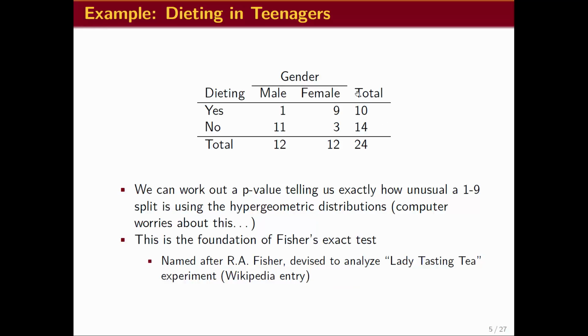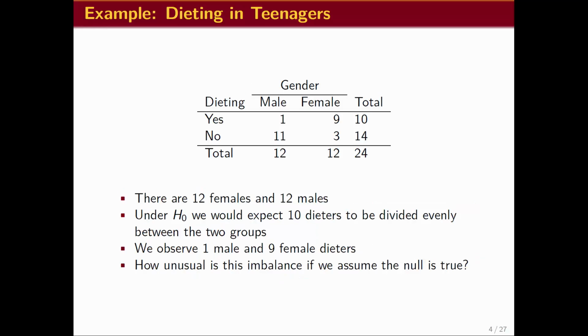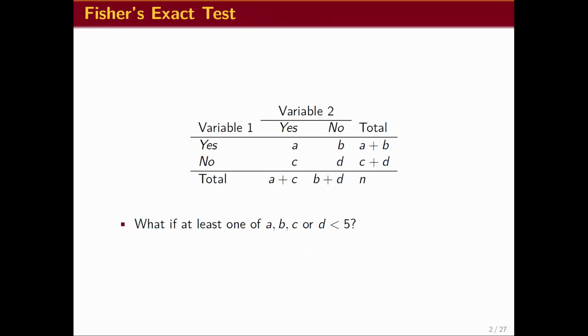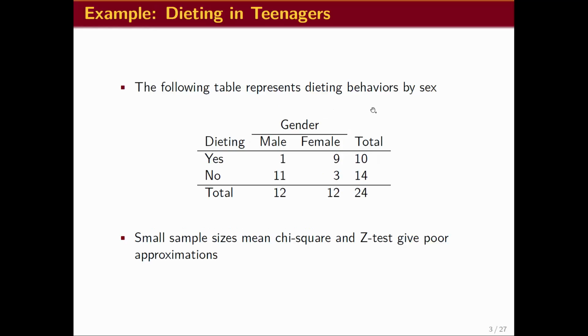Also, fun little fact: the Wikipedia article on the Fisher's exact test has this exact table in it, except it talks about students taking a statistics exam, whereas somebody, I guess, decided for a biostat class that this was going to be about dieting behavior by sex. So clearly this is not real data, right? Somebody just made this example up and maybe even pulled it from the Wikipedia page and just changed the labels for the exposure and the disease. Anyway, I was reading through the Wikipedia page on Fisher's exact test, and I'm like, that table looks awfully familiar. Where have I seen that before? And then, of course, here it is.